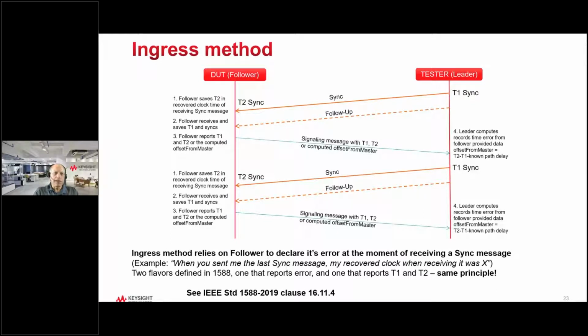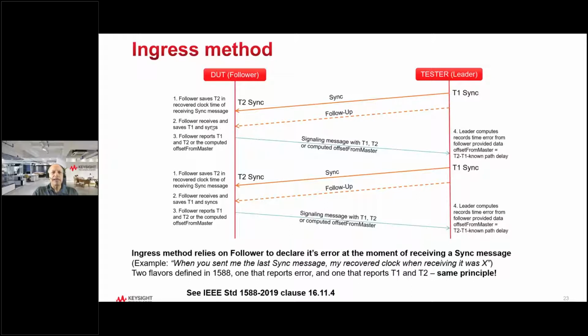Next, I'm going to talk about the ingress method. That's defined in IEEE standard 1588-2019, clause 16.11.4. The idea here is that the follower declares its error at the moment it's receiving a sync message. So when the follower receives a sync message, it records its local T2 time at the time it received it, and it knows the T1 time that the leader sent the time, because the T1 time is inside the sync message or inside the follow-up message if two-step is used.